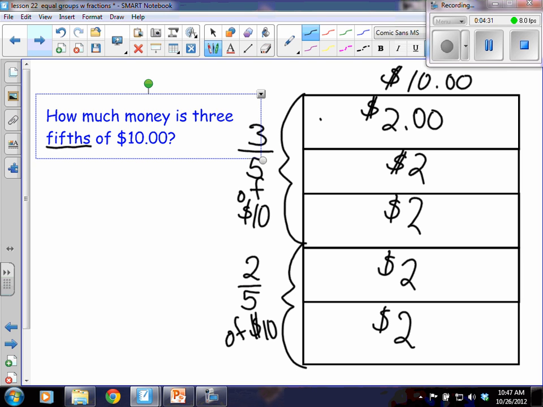And now I can go ahead and solve this question. It says 3 out of the 5, so I say 1, 2, 3. So 2 plus 2 plus 2, or 2 times 3, is going to give me 6. And so how much is 3/5? $6. It's 3/5 of $10. And so we have an example using money.